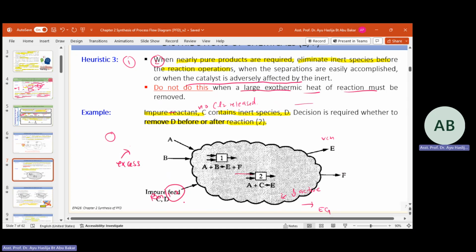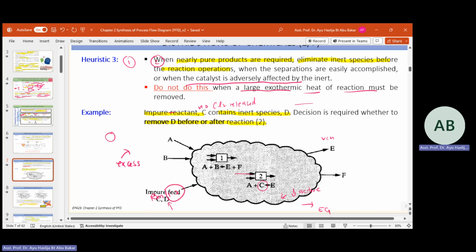Another feed here is impure. So for reaction 1, A plus B, you get the product. Reaction 2, A plus C, you get the product as well. So D here, is D involved in the reaction?